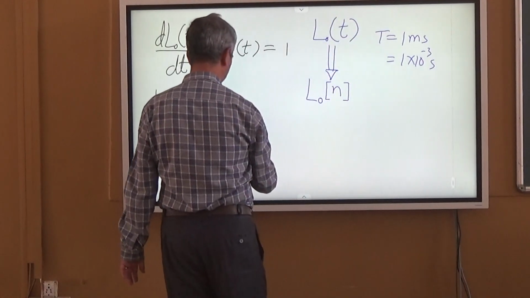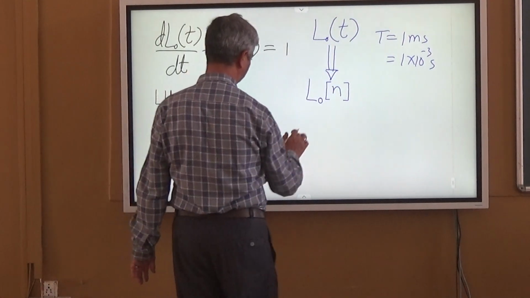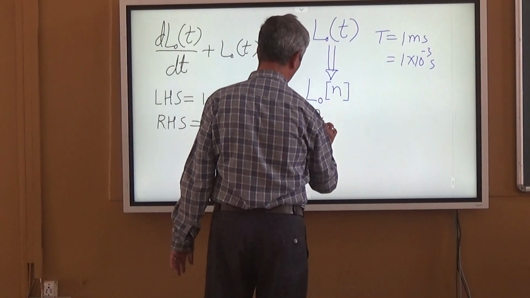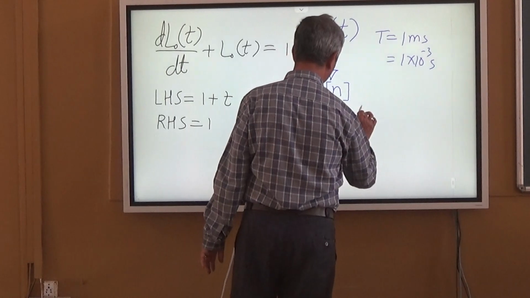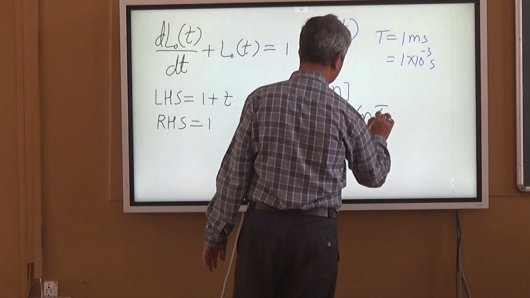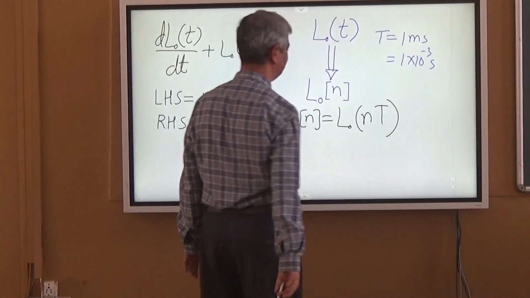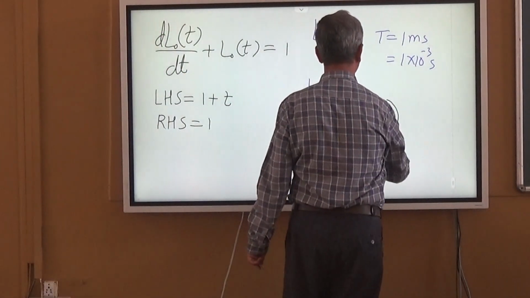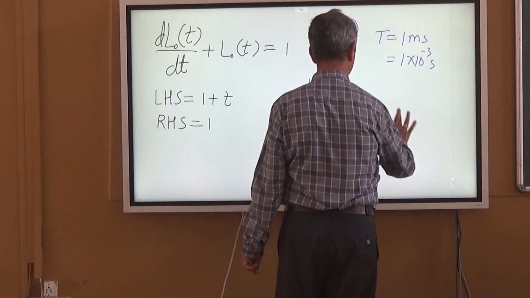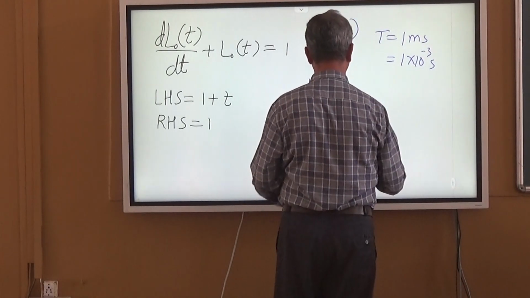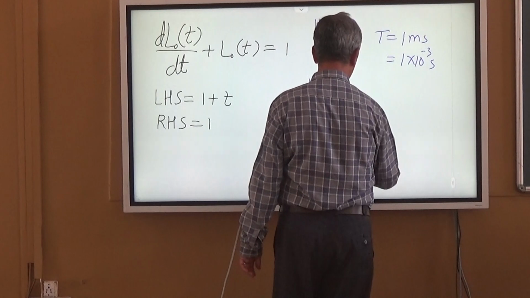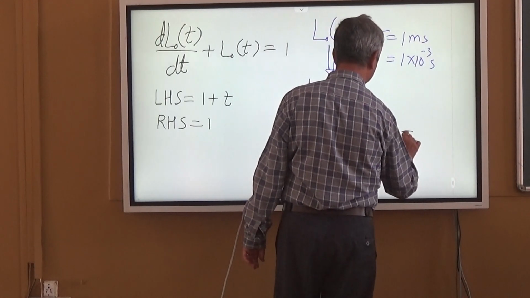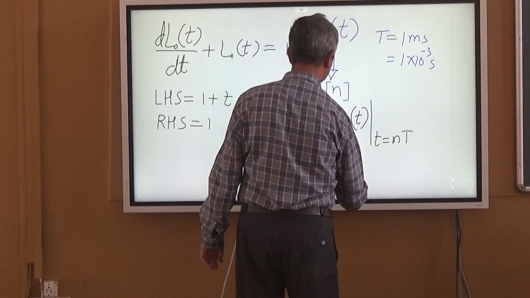So what is LON? LON is equal to LONT, right? Or to be very precise, LOT at T equal to the nth sampling instant, that is LON.